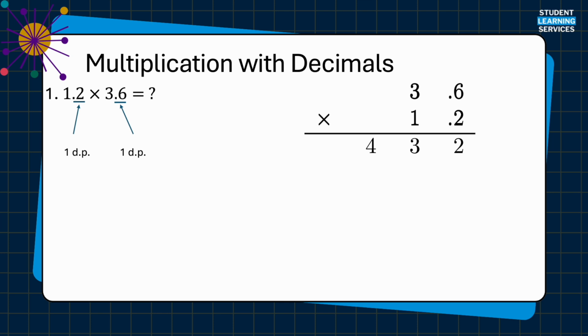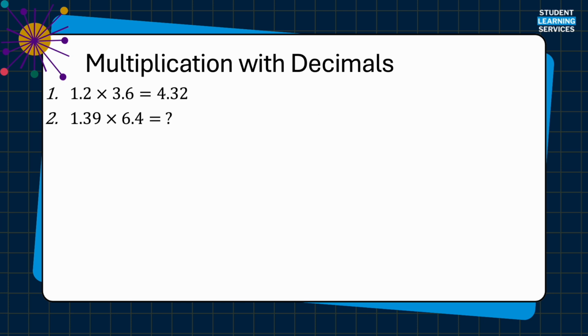So in total, we have two decimal places. And because of that, our answer will have two decimal places as well. So we put the decimal point here. The answer for 1.2 times 3.6 is 4.32.